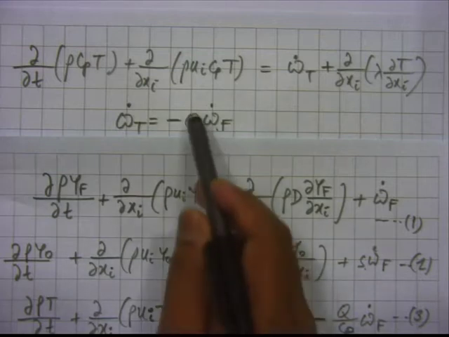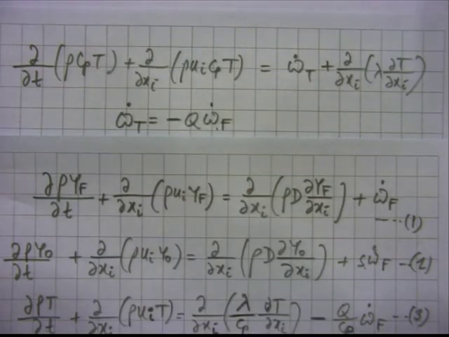Q dot f was because it is released. Yeah, so omega dot f is probably itself negative, multiplied by minus q, so that will give you an omega dot t, which is positive. So energy is getting released.